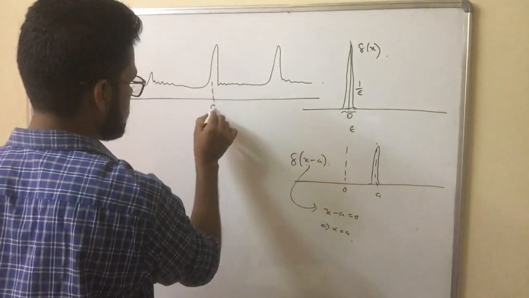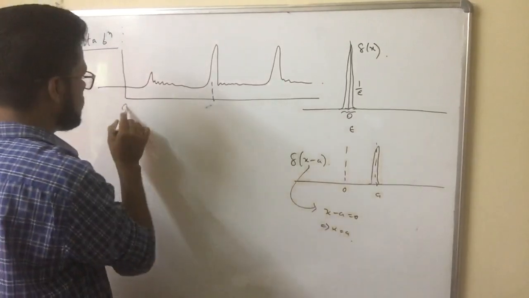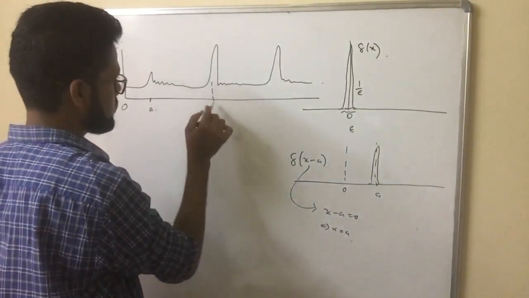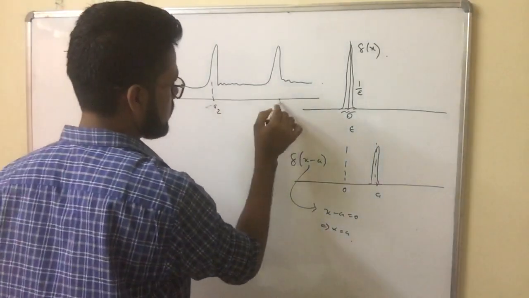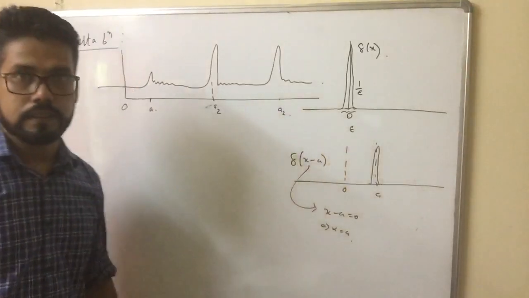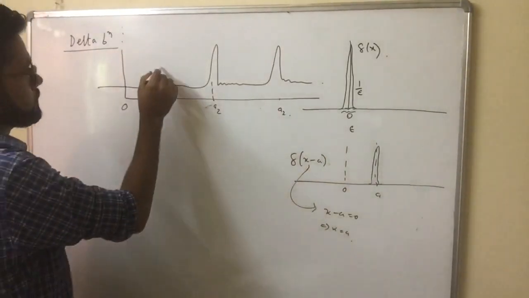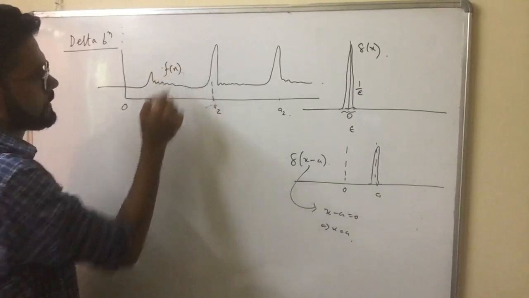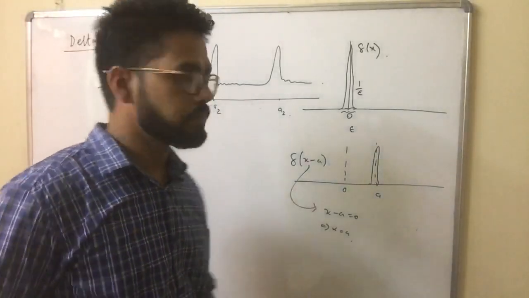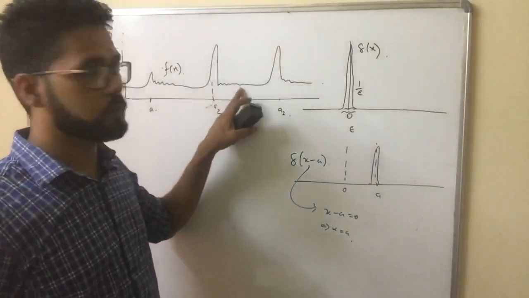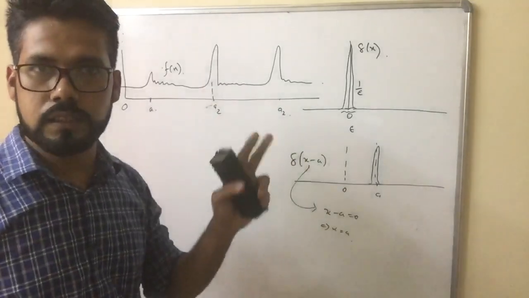Suppose this is 0, this is A, this is A2, this is A3. This is a signal f(x), a biomedical signal. Now a spike is there. These are small spikes or noise. We don't need these small spikes.